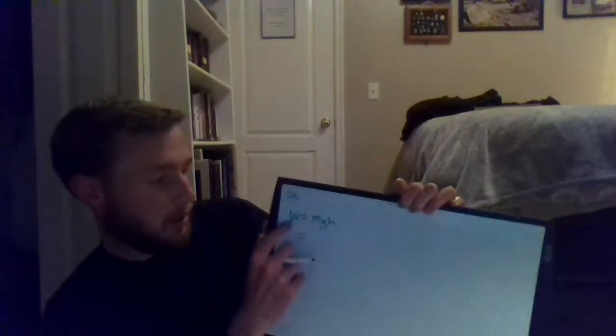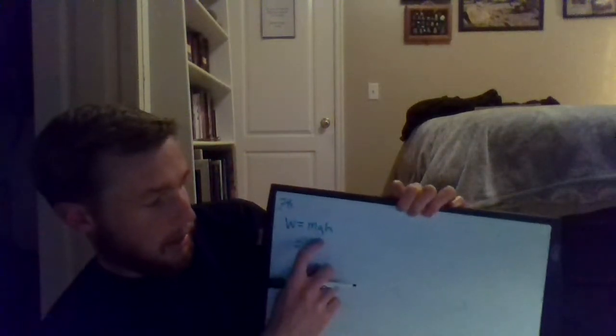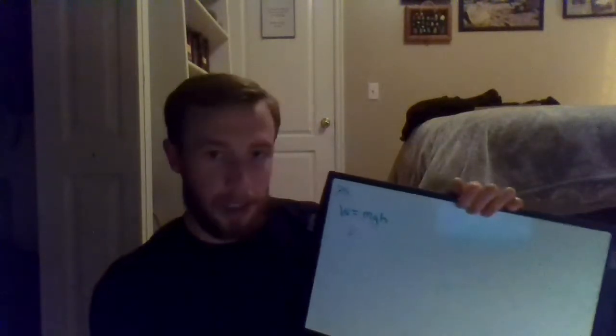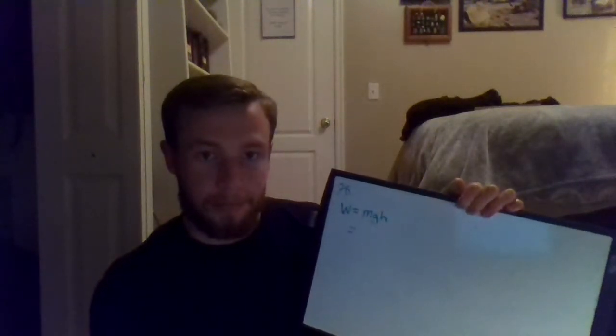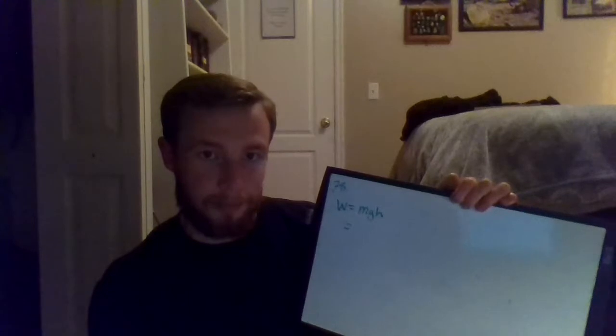Okay, so for the first question, how much work do you do in lifting the box? So we can express work as W equals the mass times the acceleration of gravity times the height of the object when it's raised.